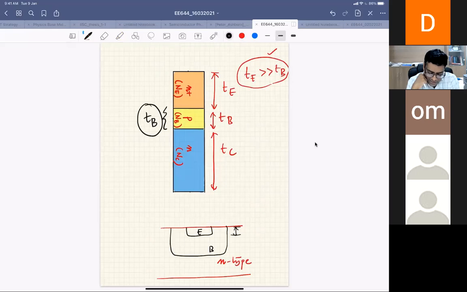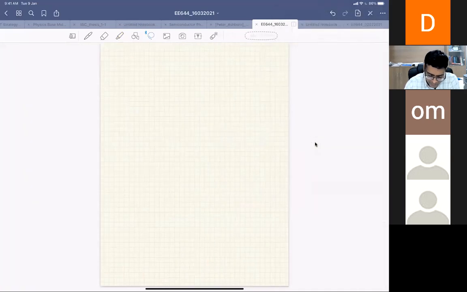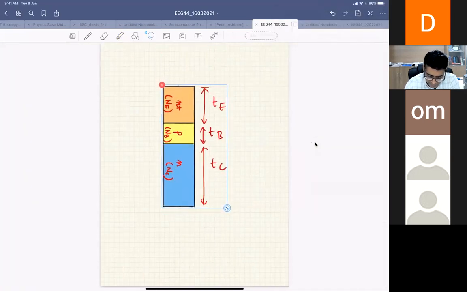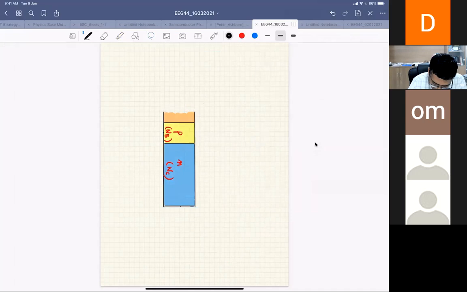So what is generally done is, we start with a lesser emitter thickness here, let's say, and it is very easy.